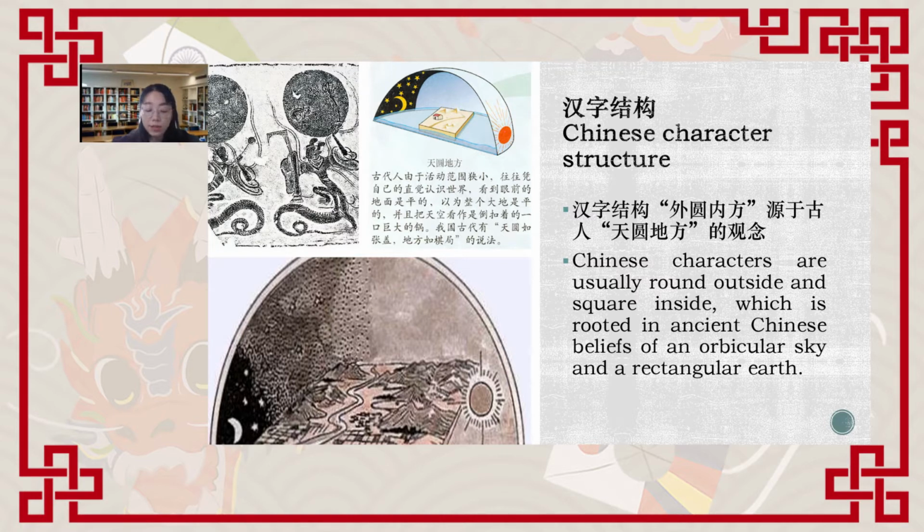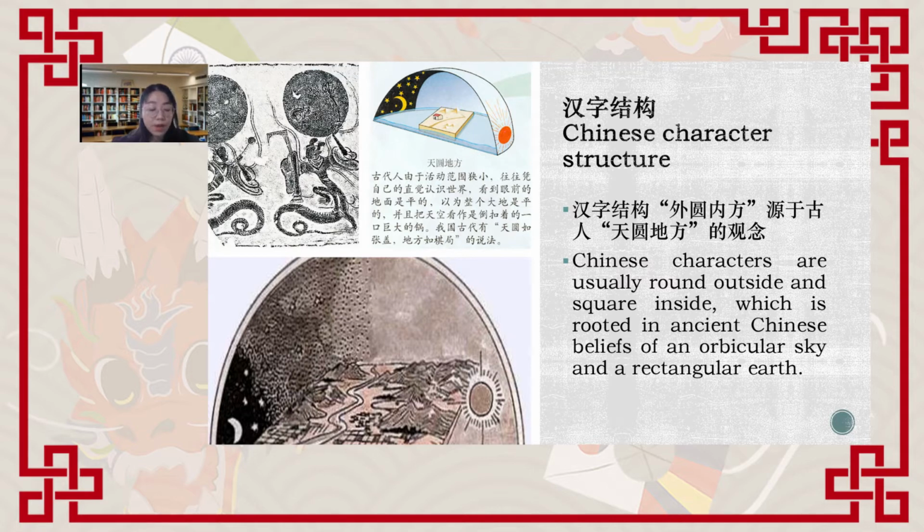Because in ancient China, people had limited places to live and didn't know this world very well. So most of the time, they used their imagination and intuition to understand or explain the world. They believed that the sky is orbicular and the earth is rectangular.